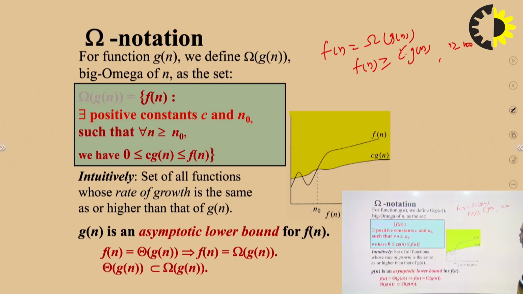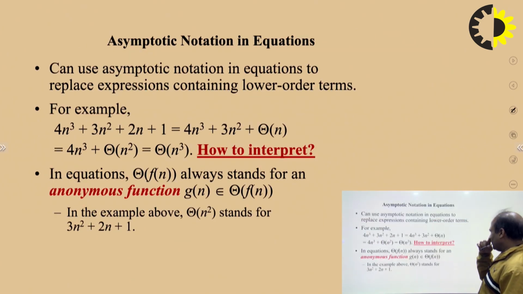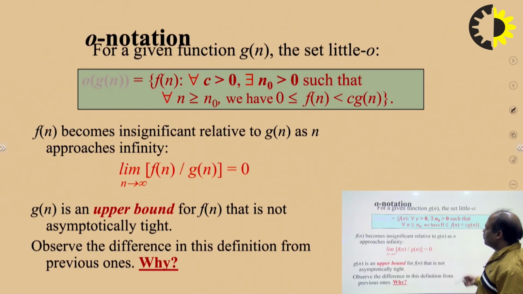Omega measures the lower bound, big O measures the upper bound, and theta measures the tight bound. Asymptotic notations are very simple to understand.